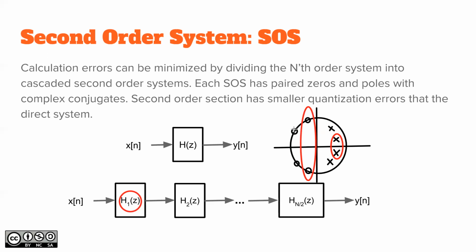Then I take the remaining zeros and poles, for example these zeros and those two poles, and combine that into the second system. Okay, I have broken up the system into second order systems. Good. So what is so good about it?